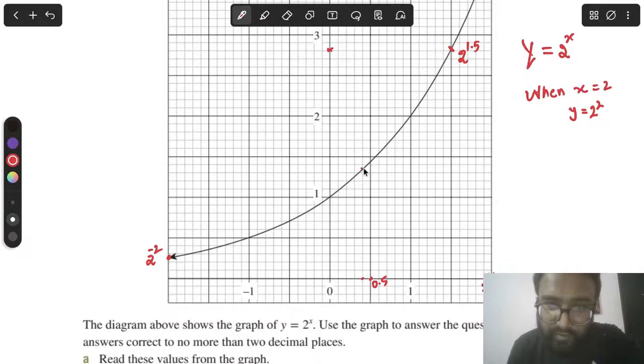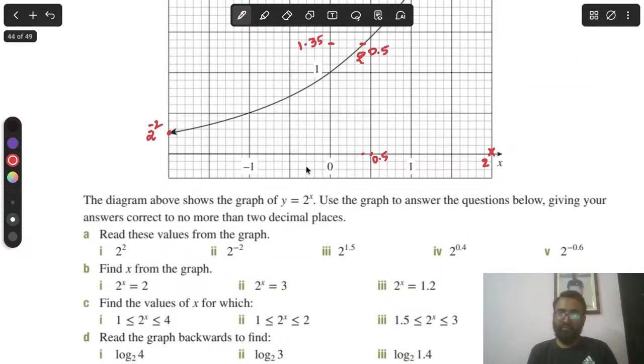So this is the value of 2 power 0.4. It is about here, 1.35 and then 4 and 5. Clear?